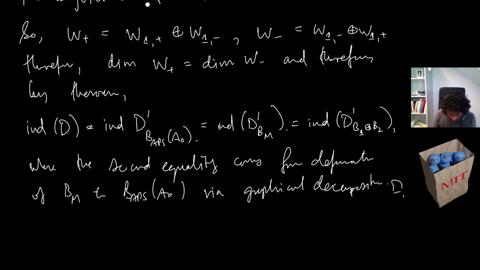Then the idea is that we can equate this index to giving a boundary condition on one of the boundaries, which is elliptic, if you just pretended that you didn't have the other part of the manifold. But then the boundary condition that we need to take is the orthogonal complement that sits in H half. And that's also guaranteed to be a boundary condition because B1 is a boundary condition that's elliptically regular. So yeah.